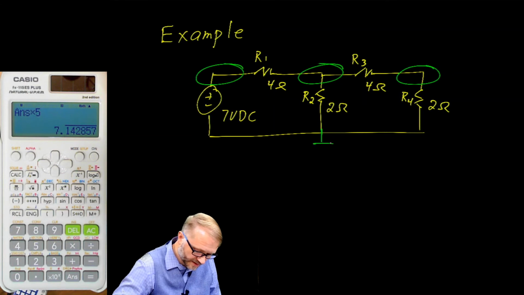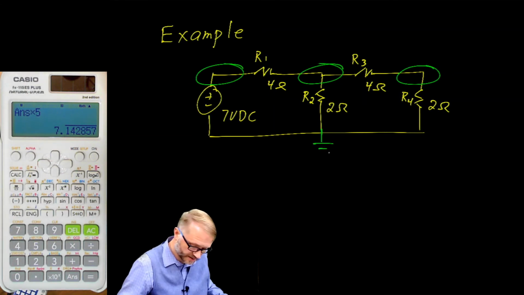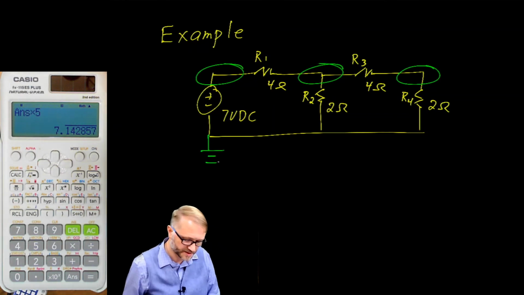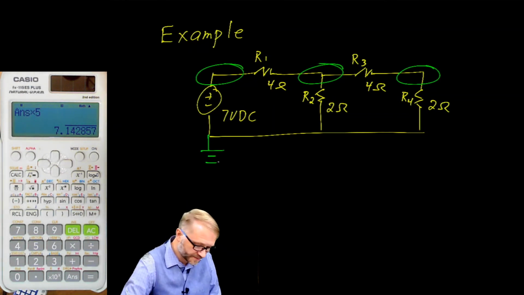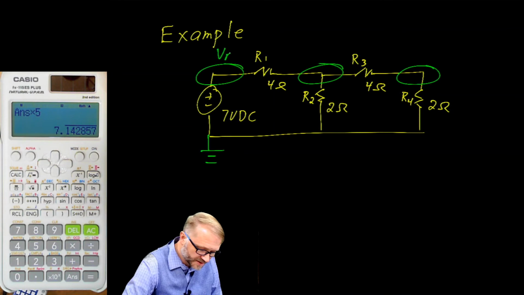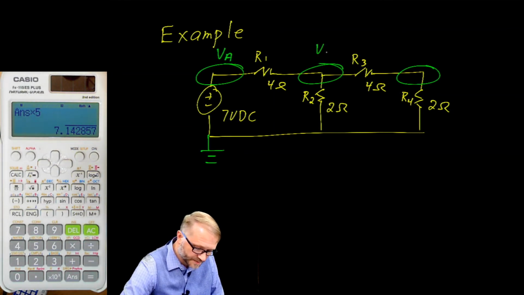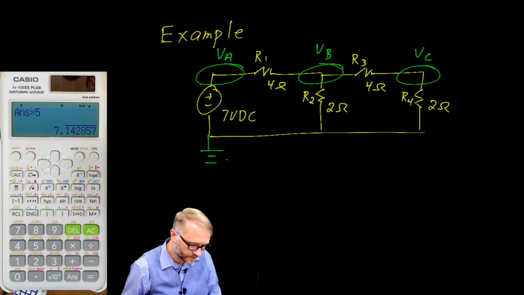And then we'll establish this, actually, let's put it over here, we'll establish this as our reference node. So there are 4 nodes. Let this be voltage A with respect to ground. Let this be voltage B with respect to ground. And let this be voltage C with respect to ground.